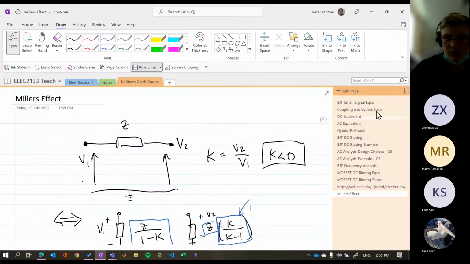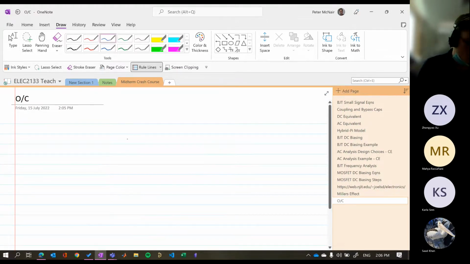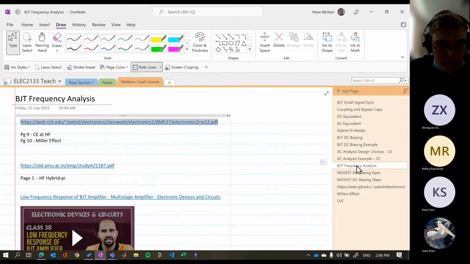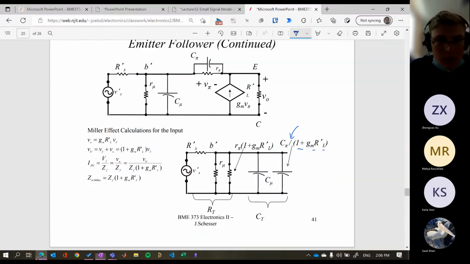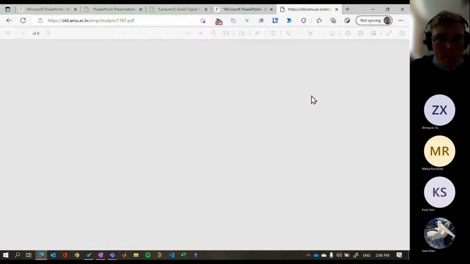We essentially draw our AC equivalent, draw our hybrid pi, include that in it, and then we open circuit all our other capacitors and have a look. I'll see if I've got a frequency analysis question. Hopefully I've got something I can work with.